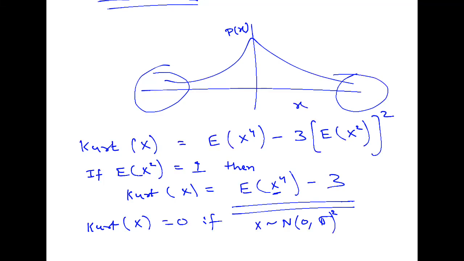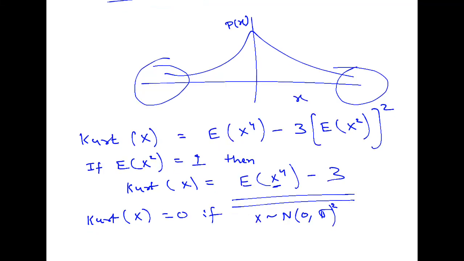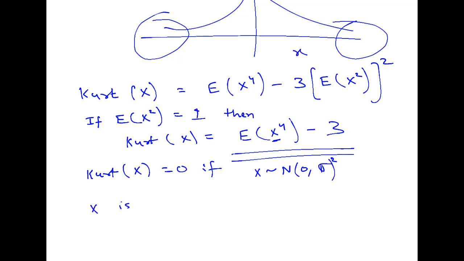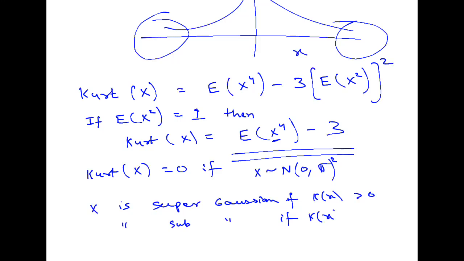A variable is called super Gaussian if its kurtosis is greater than 0, and sub Gaussian if the kurtosis is less than 0. So the measure we use is the absolute value of kurtosis, and that's the measure that we maximize.